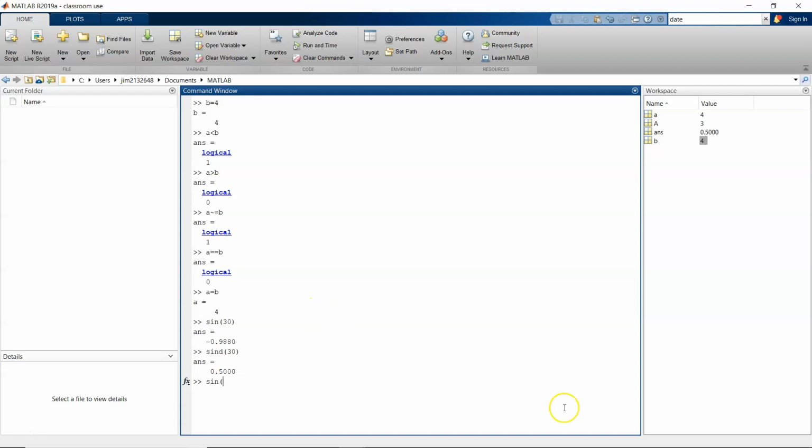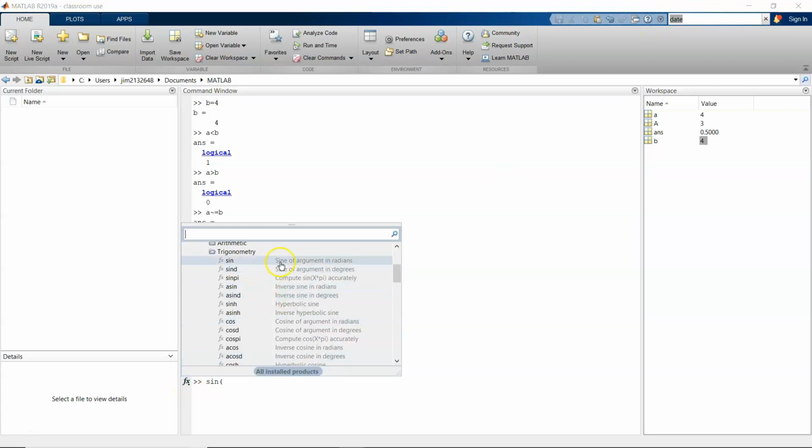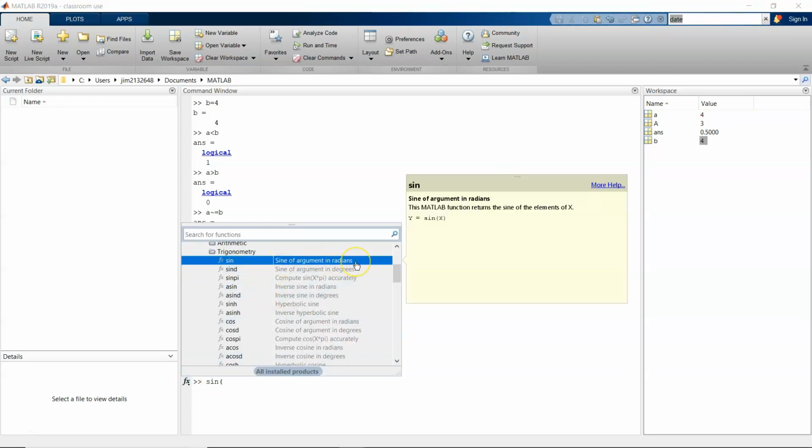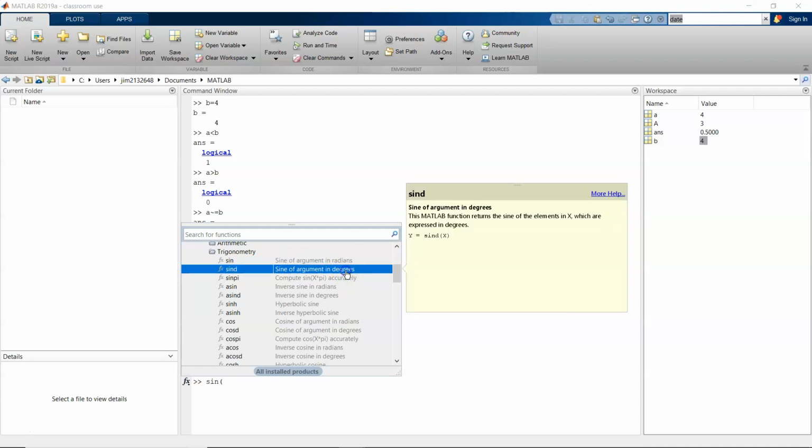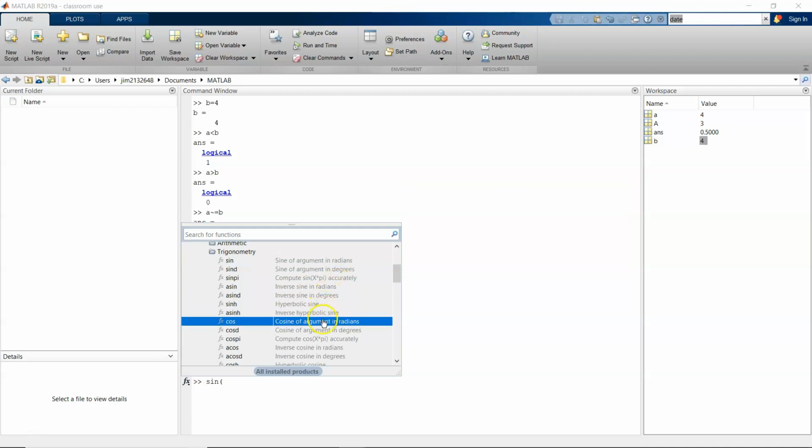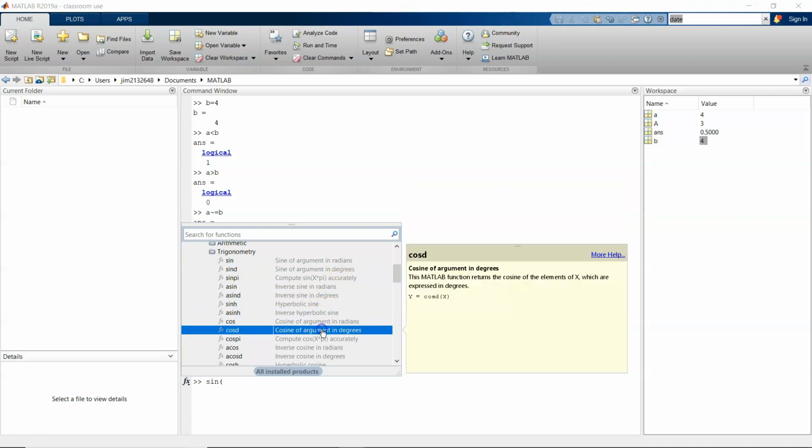Try here or here or here. Let's see if that, oh, there. It tells us it's in radians right there. Here's sine D, second one on the list. Sine of the argument in degrees. Cosine, same thing. Cosine radians, cosine D in degrees, and so forth.